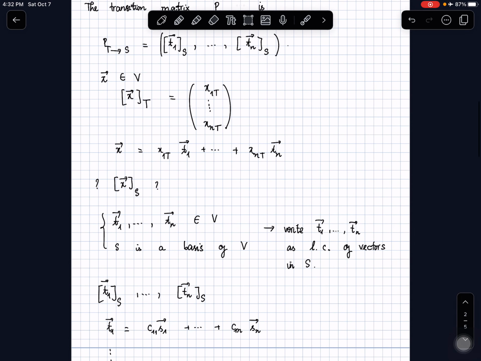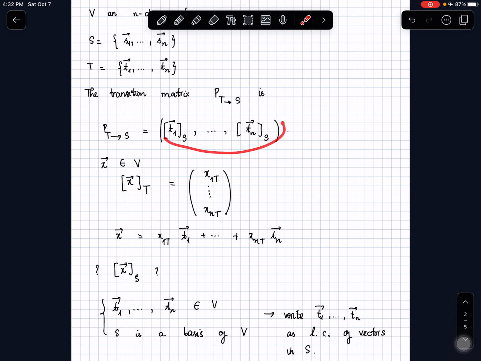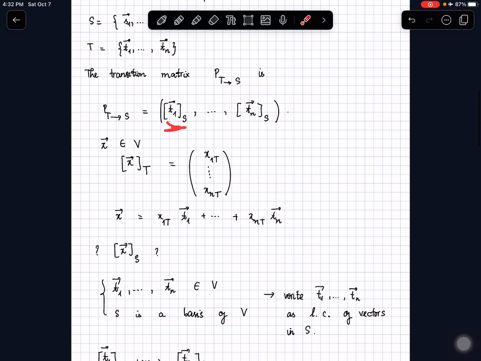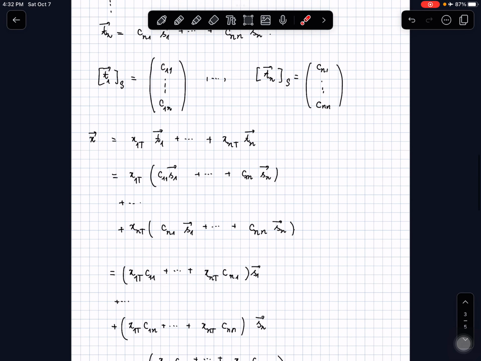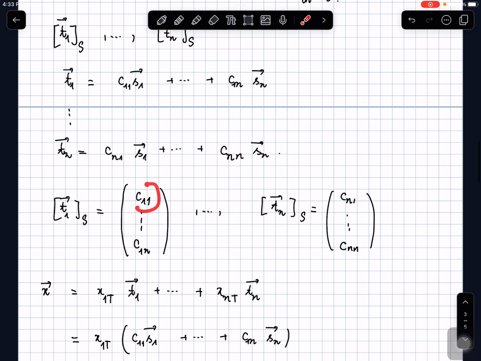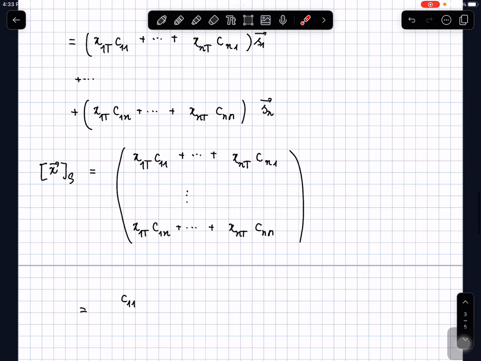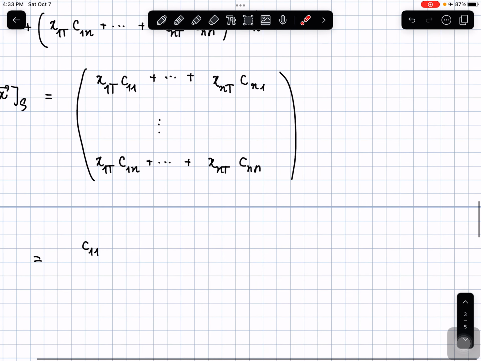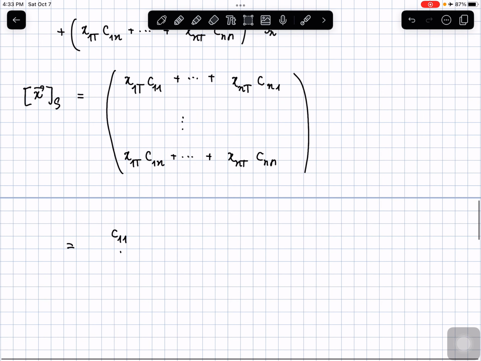I want to have this column be the coordinate of T1 with respect to S, which is C11 to C1n, right? Which is this column vector.